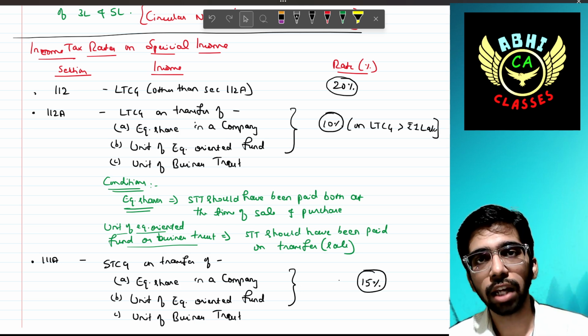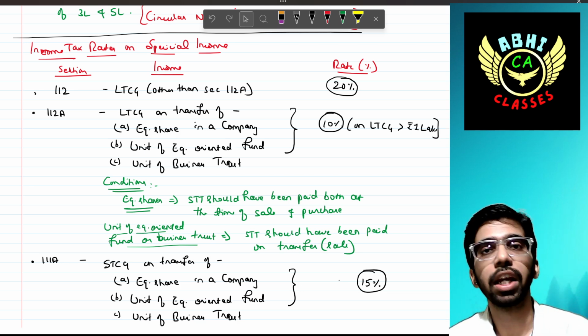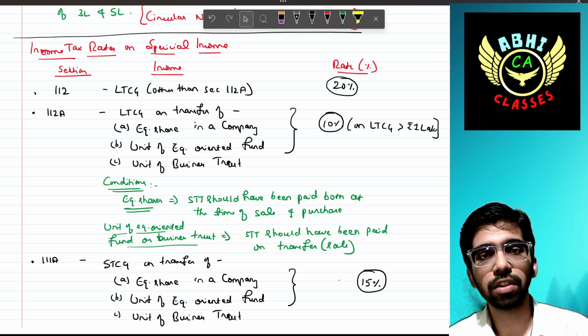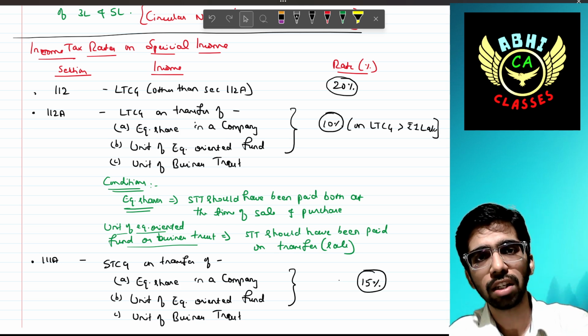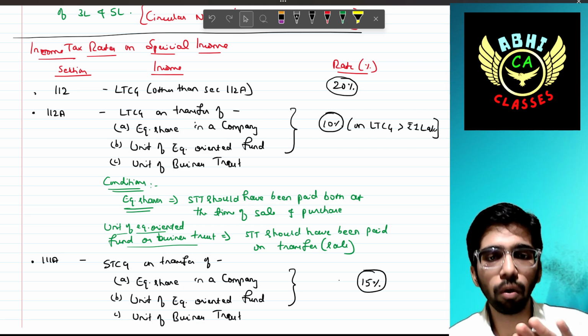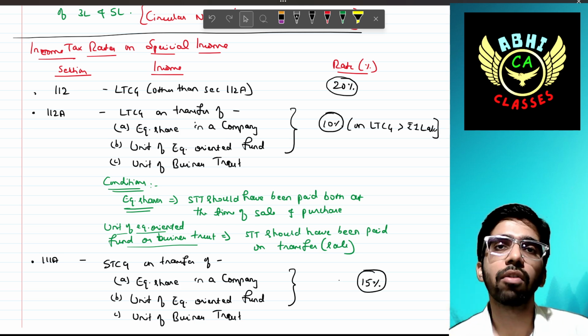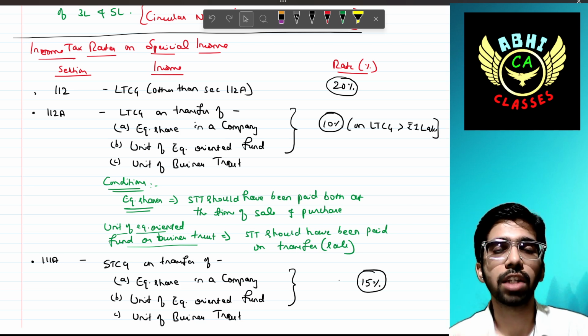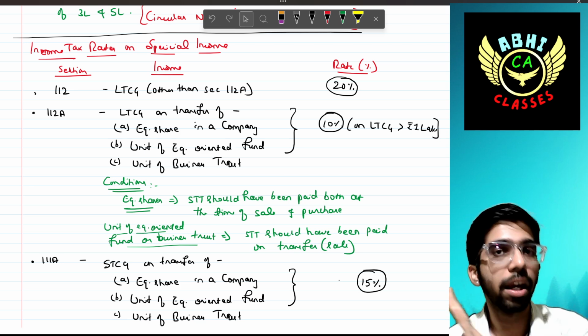For the excess over 1 lakh only, 10% is the tax amount. For example, if your LTCG from these securities is 1,50,000, up to 1 lakh is 0. More than that is 50,000. For that, 10% is 5,000, which is the tax amount that you need to pay under 112A.